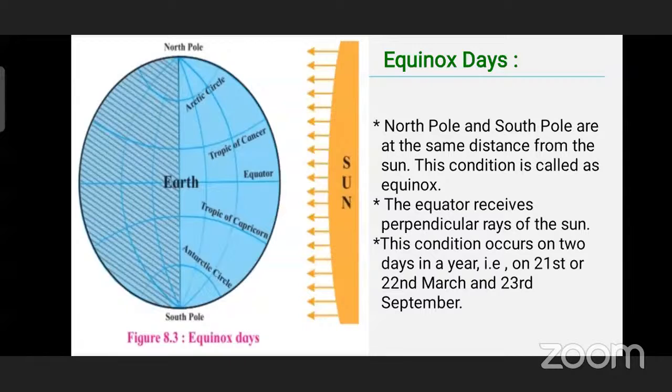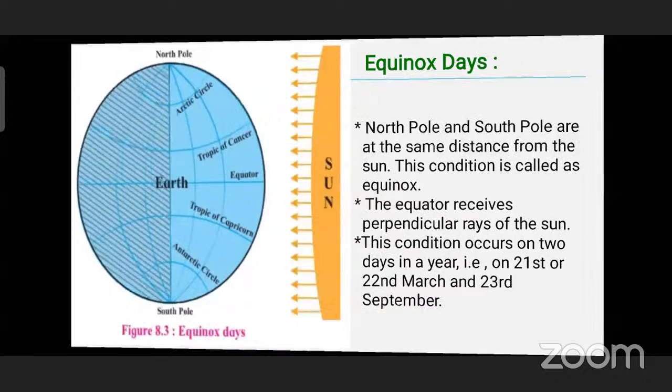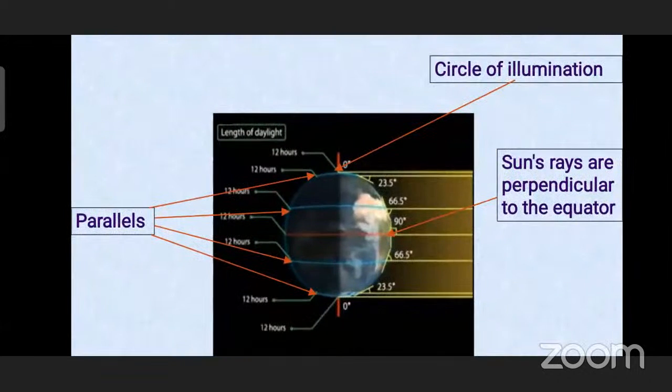Okay, students. So here you can see the North Pole and South Pole are at an equal distance from the sun's rays, from the sun, and so the equator is receiving perpendicular sun rays. This is called as equinox. Now in the next slide, we will see how the earth is divided on these equinox days.